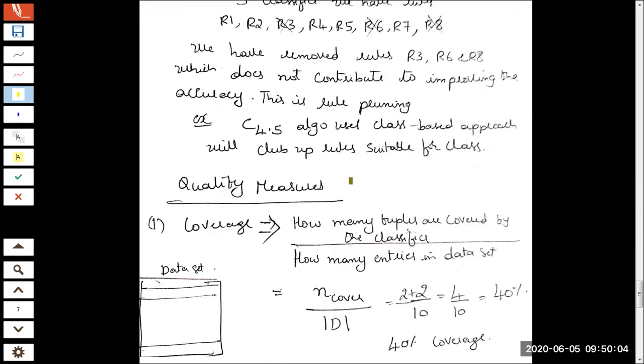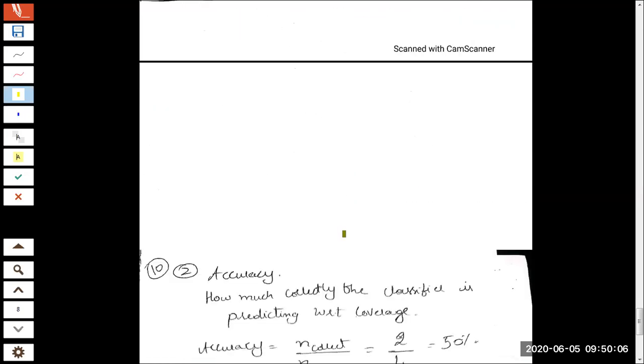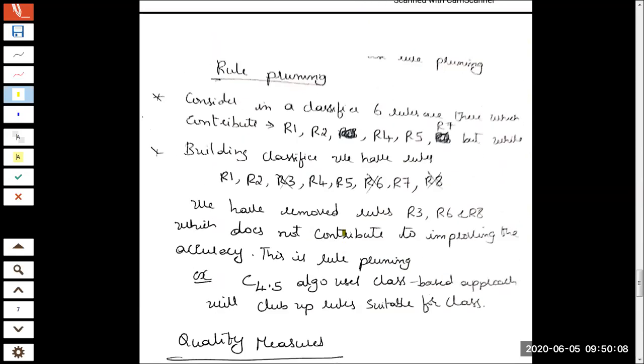We will conclude this session with this last part. You already know what rule pruning is, so I will not repeat it. Rule pruning means, among the available rules R1 to R8, for example, if R3 and R6 are not contributing to deciding on a class, just remove them.